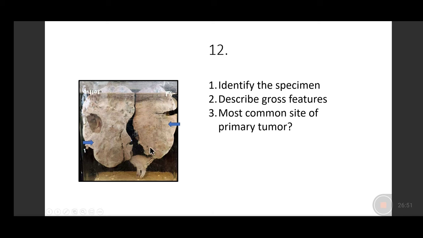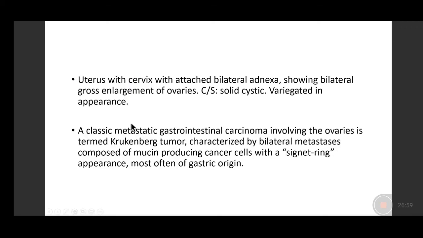The ovaries are solid and partly cystic with a variegated appearance and bosselated exterior. So this is a uterus with cervix and bilateral adnexa, bilateral gross enlargement, solid cystic variegated growth, and it is a classical metastatic gastrointestinal carcinoma in which both ovaries are involved. We call this a Krukenberg tumor.